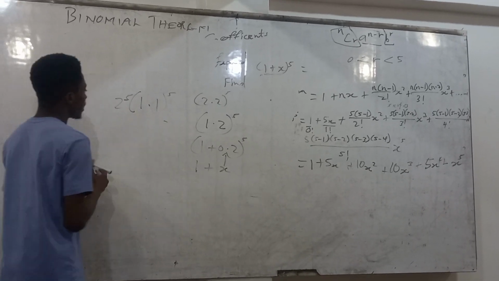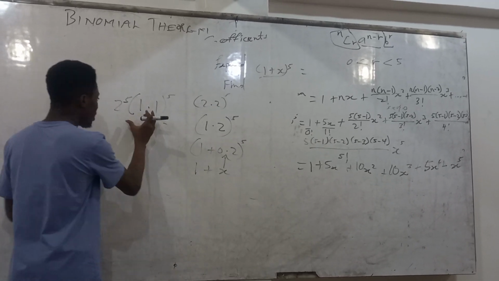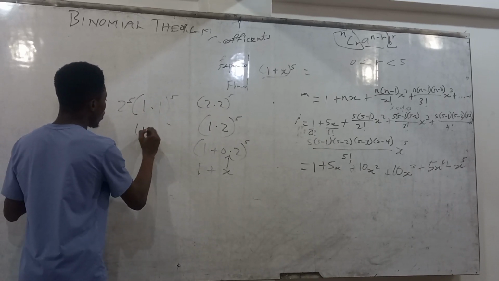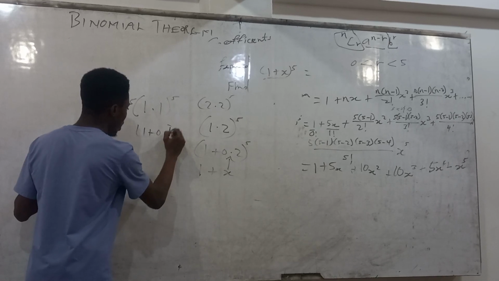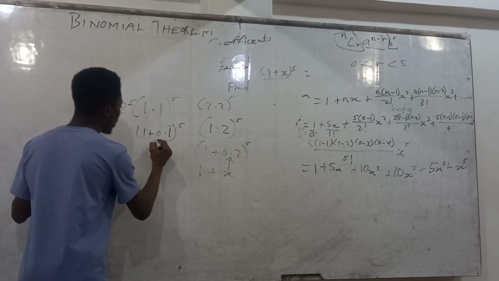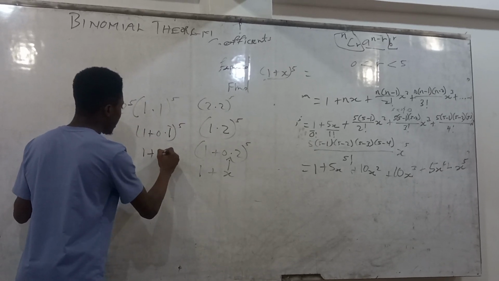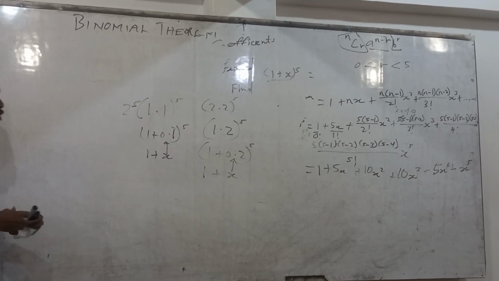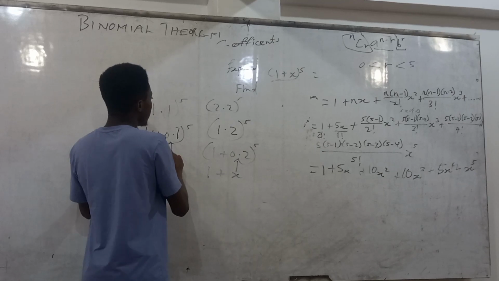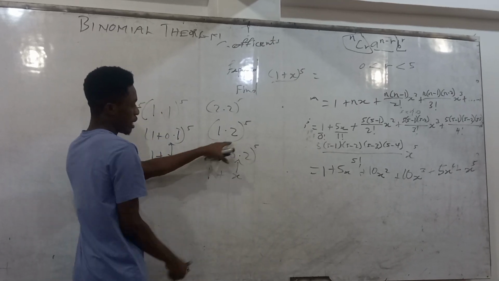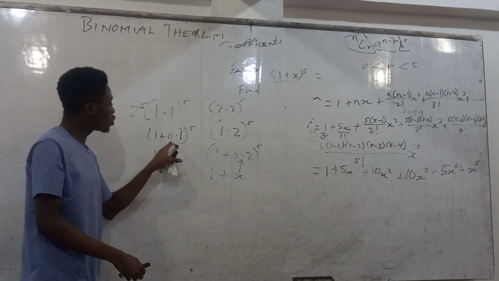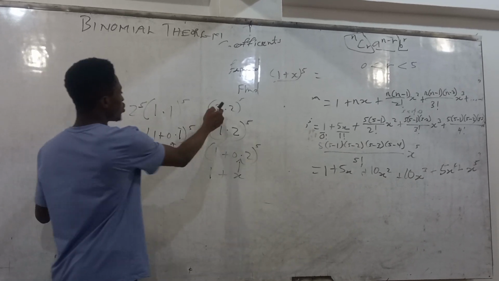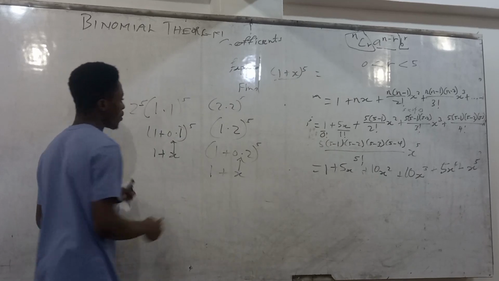So now it has changed from 2.2 to 1.1. By comparison, you can compare 1 plus 0.1 to the power 5. So your 1 is here and the x becomes 0.1. So now instead of using 0.2 in the initial example, we are going to use 0.1, if the question was given, find 2.2 to the power 5.